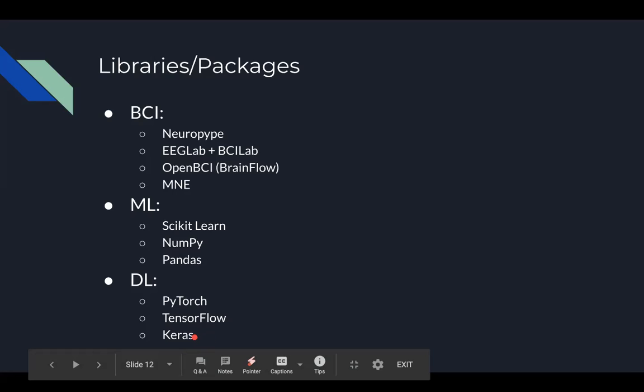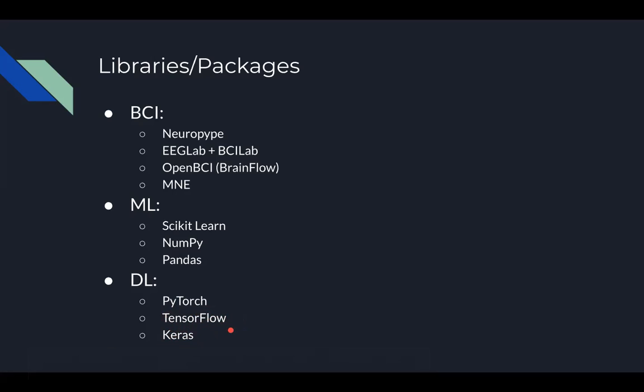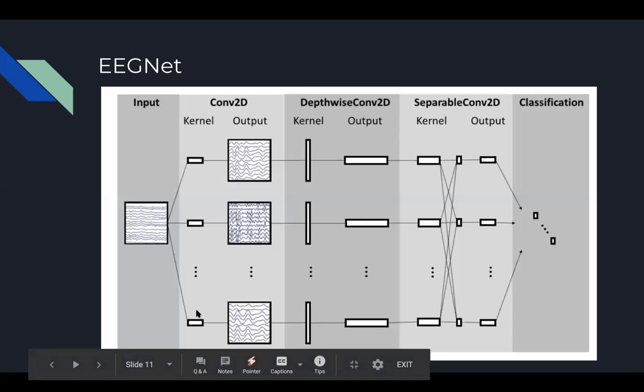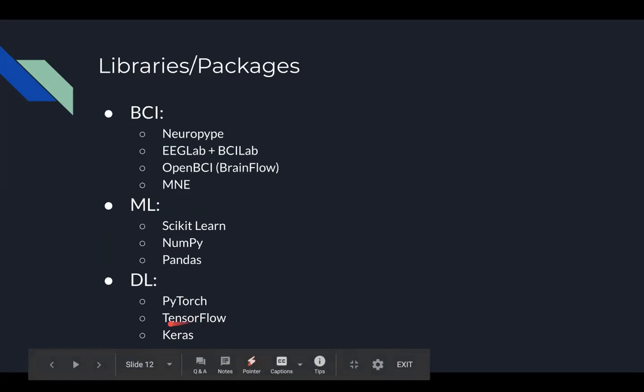Also, Keras has been packaged with TensorFlow since TensorFlow 2. So technically Keras is part of TensorFlow now, but usually when people say TensorFlow, they're referring to TensorFlow proper rather than Keras. There's some technical differences between PyTorch and TensorFlow. We don't have to go into those, but in general, the current landscape is that PyTorch is used more in research or academia, whereas TensorFlow is used more in production or in corporate settings.